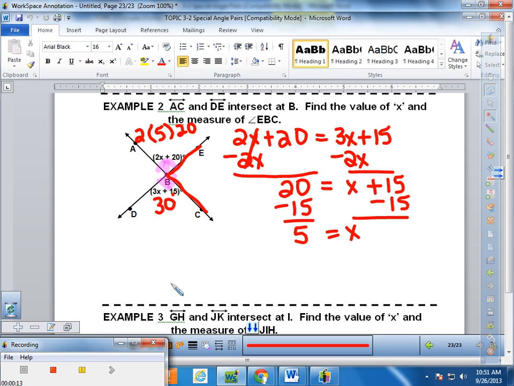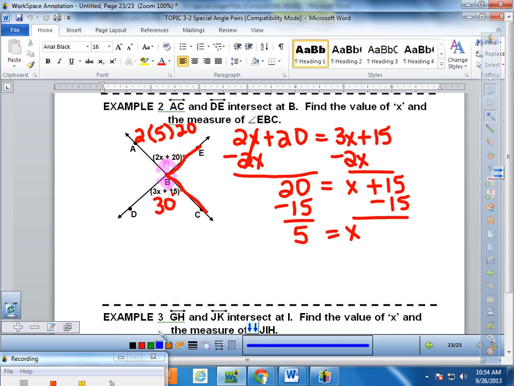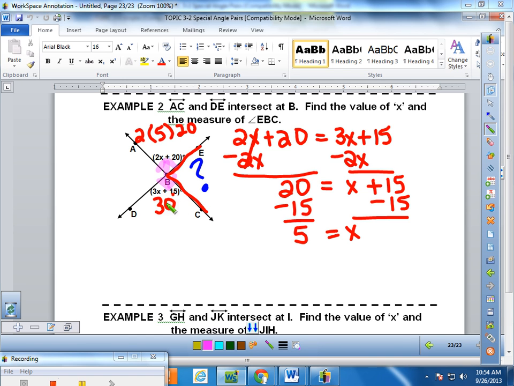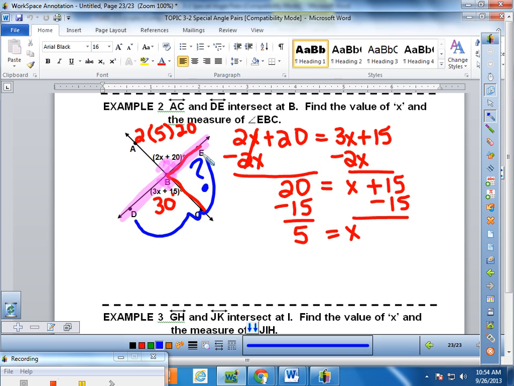That's not the one they asked for. The one they asked for is this one. Notice that this 30-degree angle makes a straight line with the one they're asking for. That means if you add these two together, it equals 180 degrees.